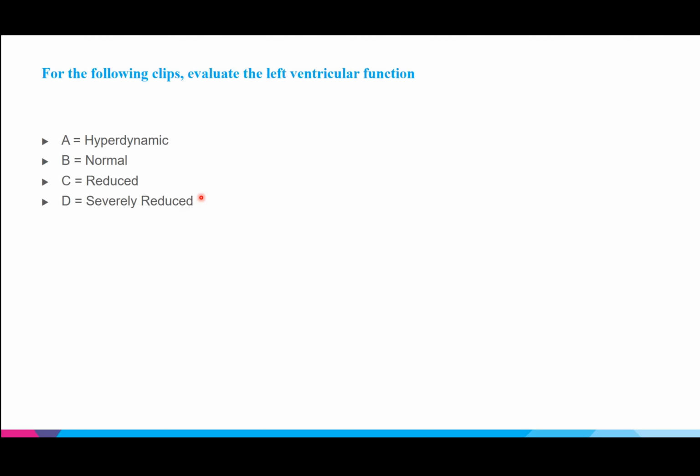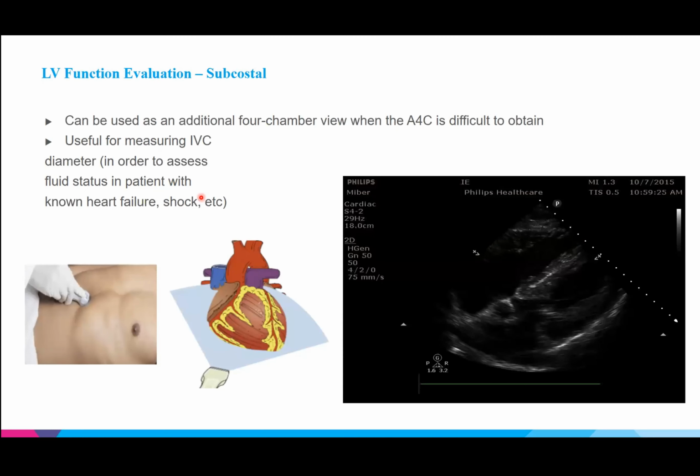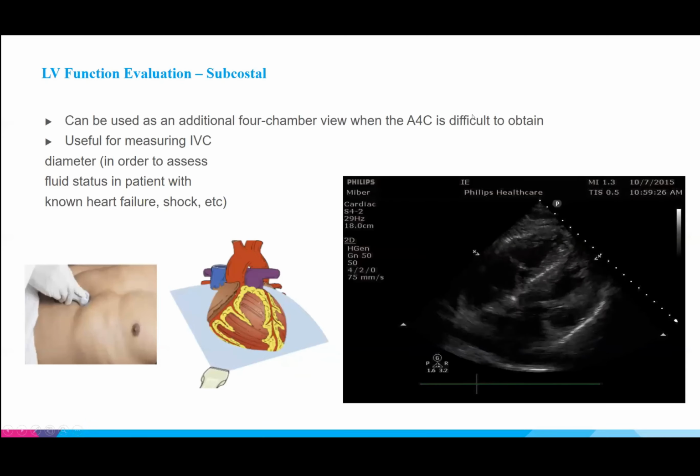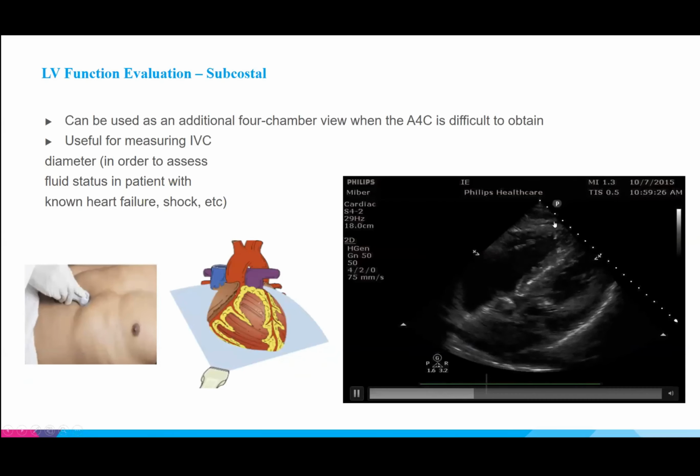Any questions before we get to the clips about any of the cardiac views or what else we're maybe looking for? Yeah, I wanted to ask on the previous one, did it have a small effusion? Let's see. It's hard to say.